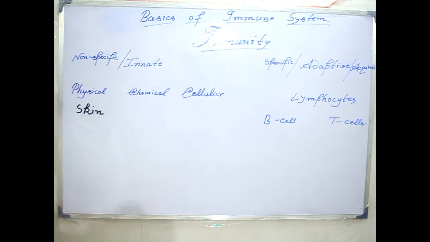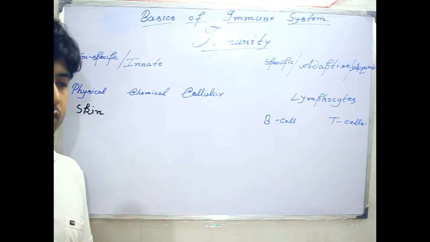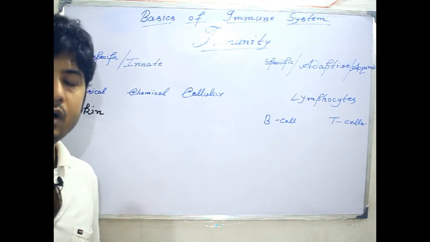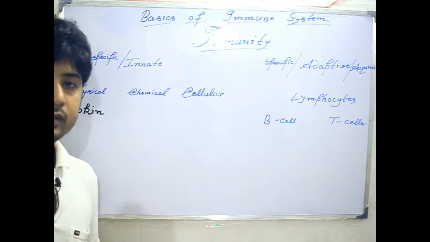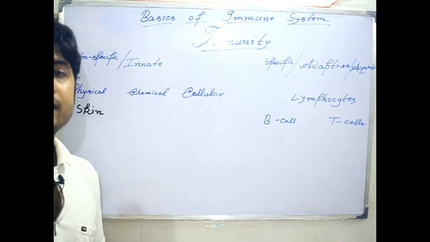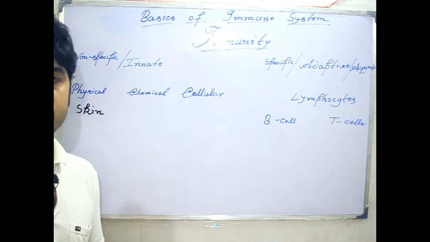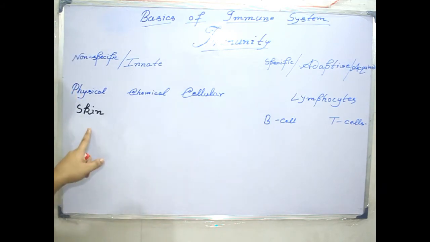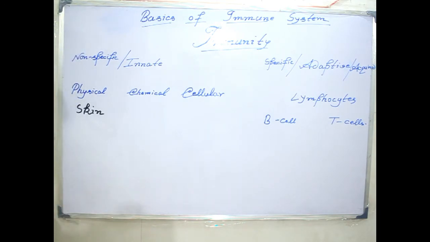Skin is the largest organ of our body, and it covers all of your body. Even as I am talking now, there are billions of bacteria sitting on the skin, but they are not able to enter into my body because the layer is impenetrable. They cannot penetrate it without any injury. So it's a level of protection, the anatomical or physical level, that is already present.